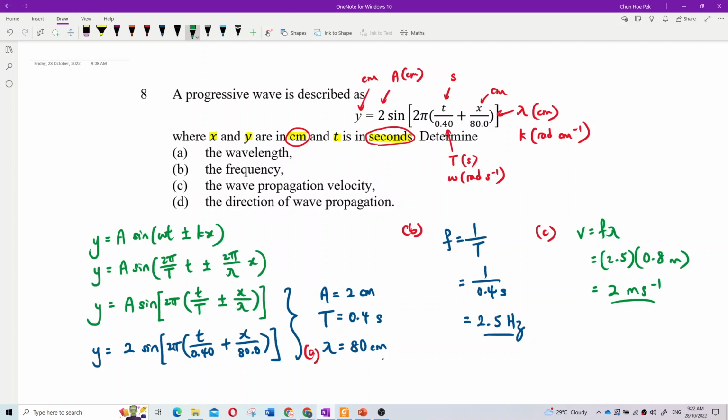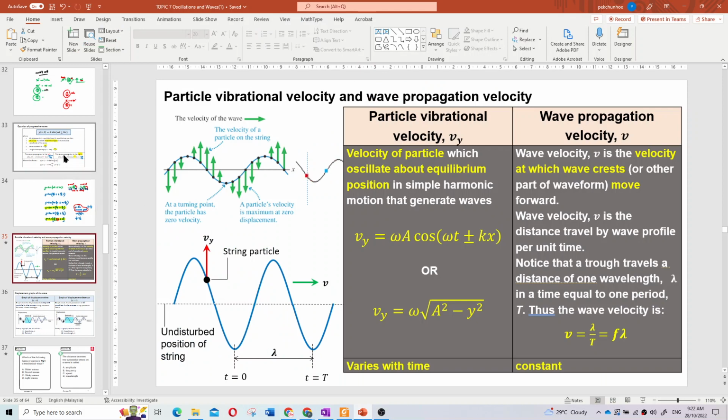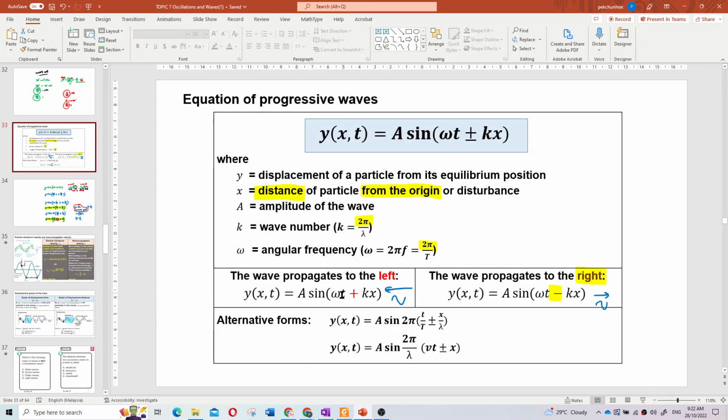And then question D. What's the direction of the wave? To the left, because of positive kx. Because there he writes positive kx, the wave propagates to the left.